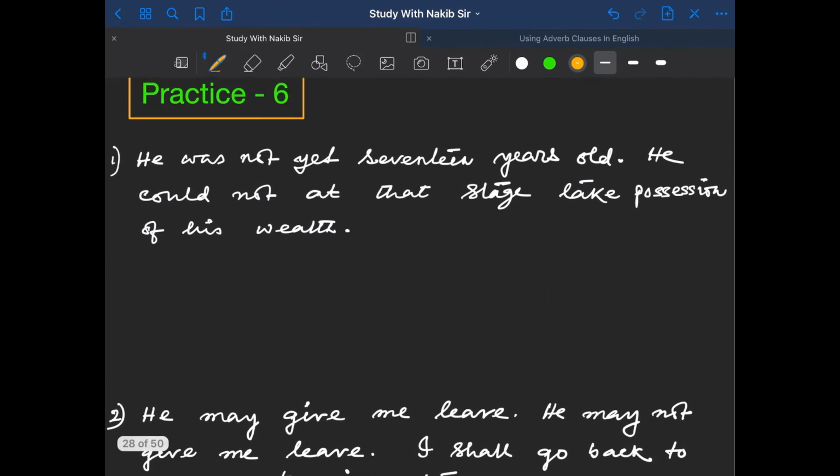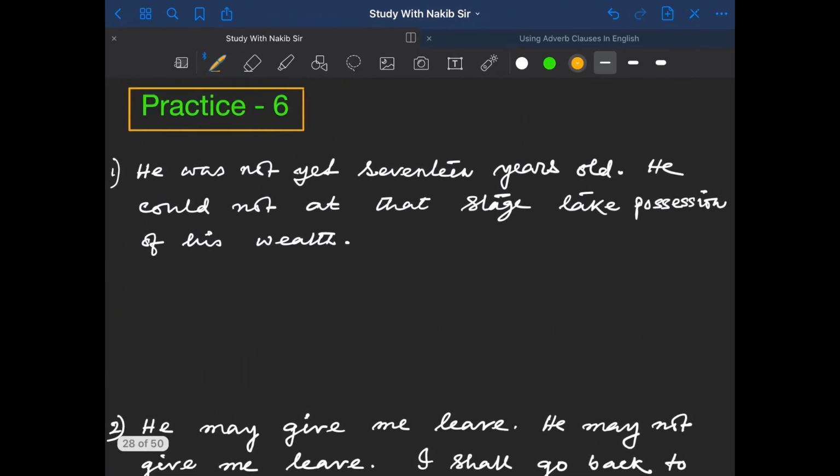Now check your answer. See. He was not yet 17 years old. He could not at that stage take possession of his wealth. Right?